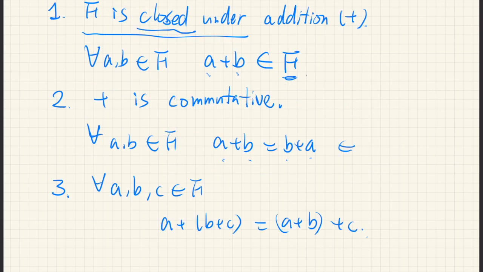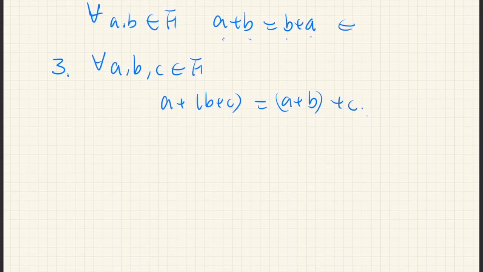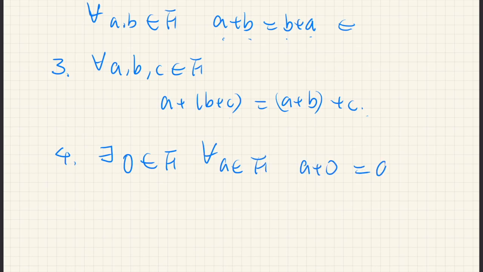And fourth, there is a special element called 0, such that for any element A in F, we have A plus 0 is equal to A. So this is called additive identity element.